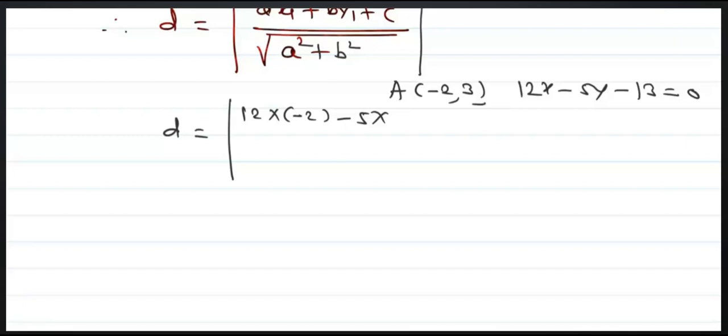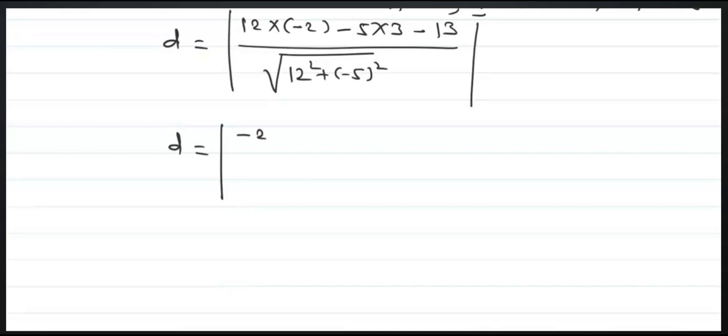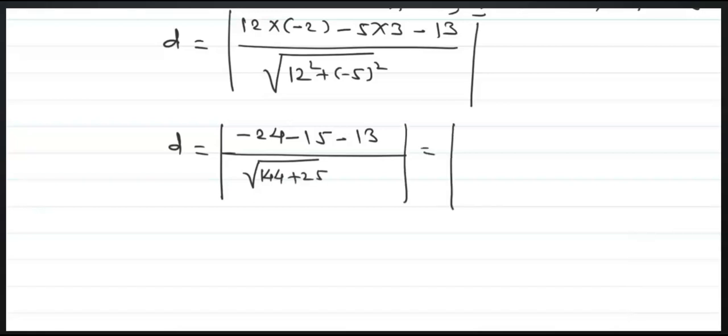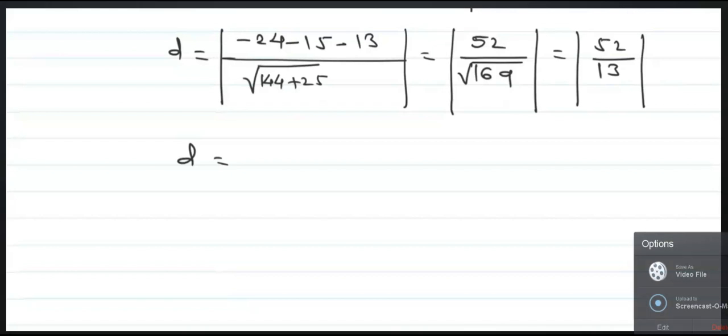That is 12 into minus 2 minus 5 into 3 minus 13 upon the square root of 12 square plus minus 5 in bracket square. Therefore, the distance is minus 24 minus 15 minus 13 upon the square root of 144 plus 25. Then you will get 52 upon root of 169, that is 13. Therefore d is equal to 4.